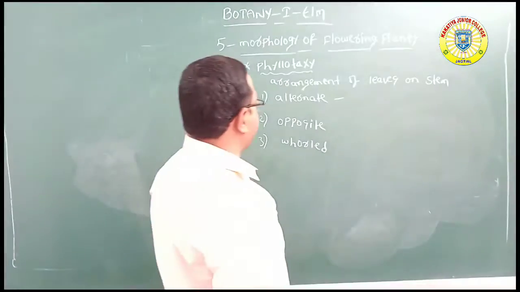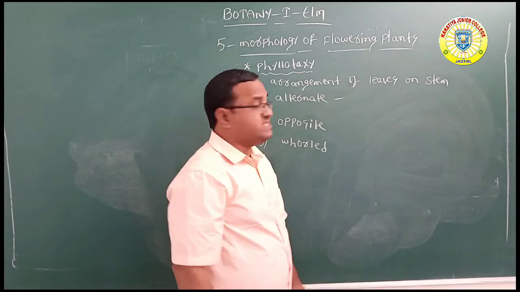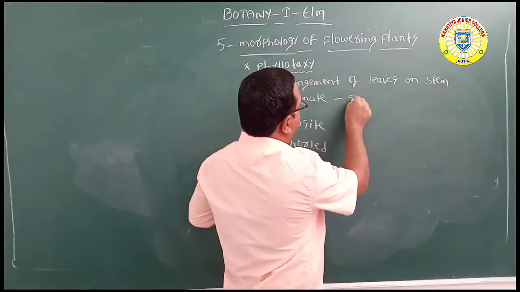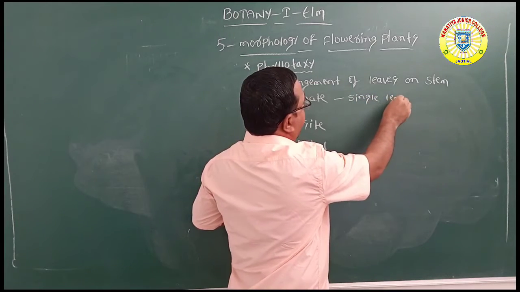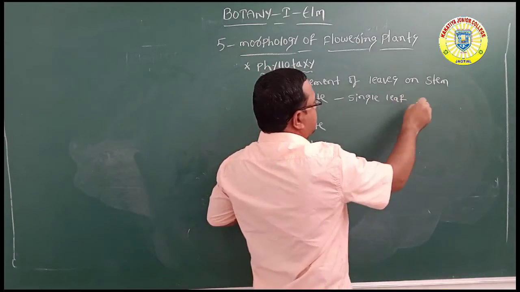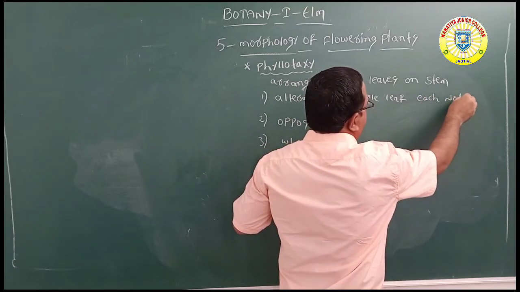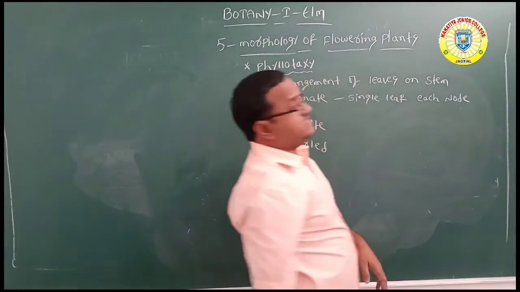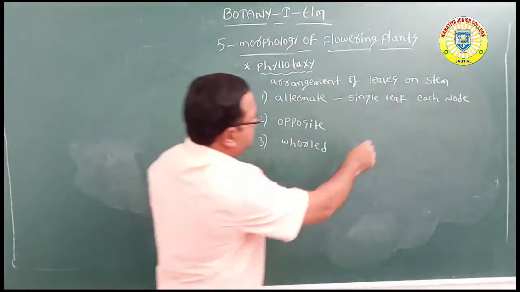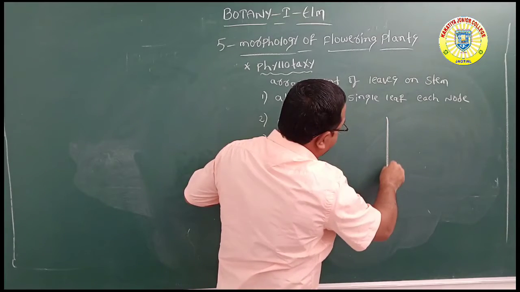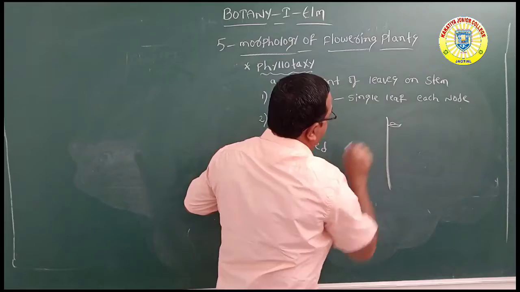What is alternate phyllotaxy? Alternate phyllotaxy means a single leaf is arranged at each node. Here you can see a single leaf arranged at each node. This is the node, and here a single leaf is there.